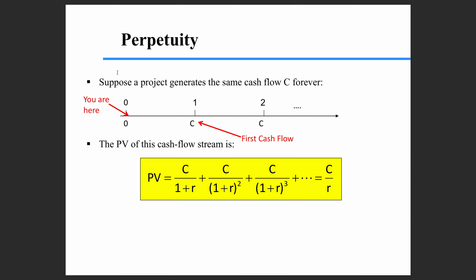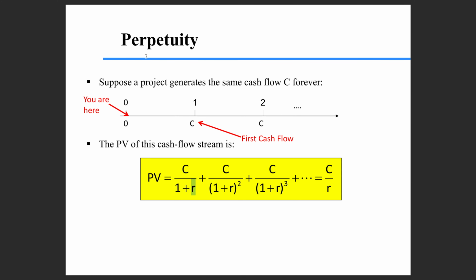Now, there are a few more assumptions we need to emphasize in order for us to use this formula. In particular, we assume that the interest rate R remains constant forever. If the interest rate changes somewhere in between, for example, after 5 years the interest rate drops, we cannot use this formula directly, we have to adjust the formula.